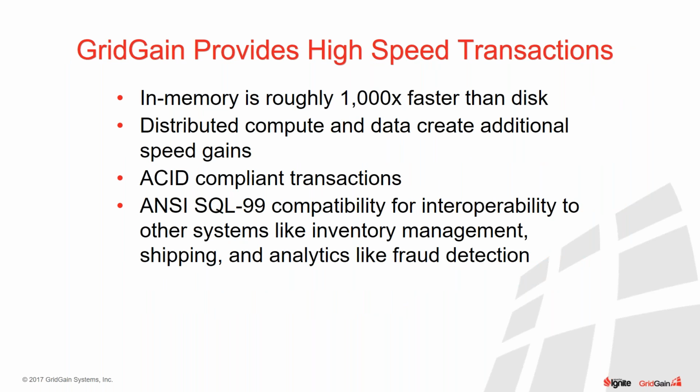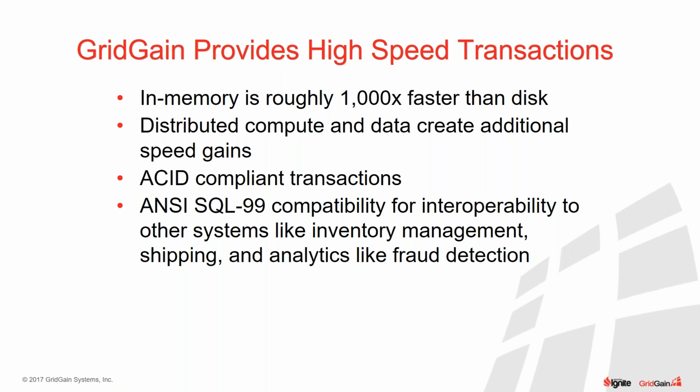So basically, moving your data into memory will get you 1000x performance gain right off the bat, simply because memory is faster than disk. And then adding the ability to do distributed parallel processing compute, as well as the distributed data cached in memory, gives you additional speed gains. GridGain and Apache Ignite have ACID compliant transactions, which is a huge differentiator for us as an in-memory technology.